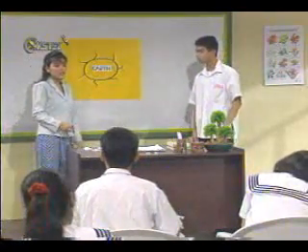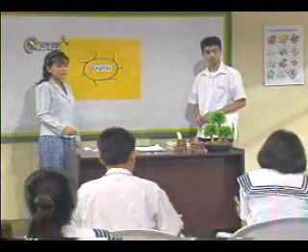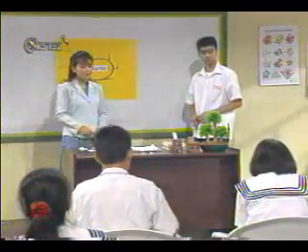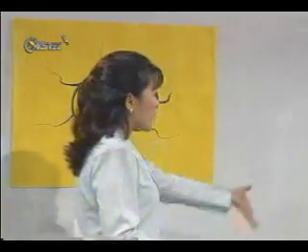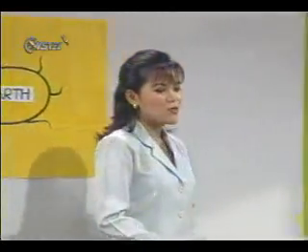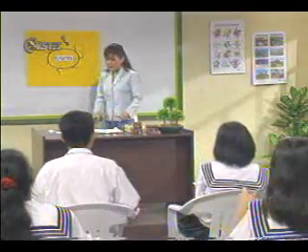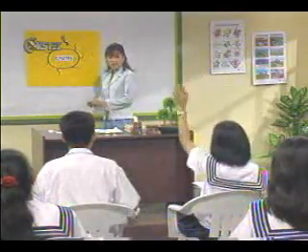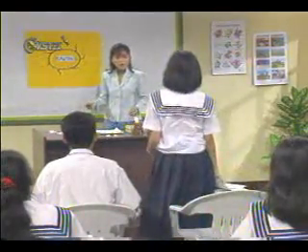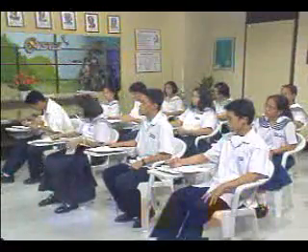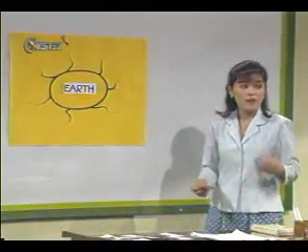Has everybody finished writing down the word earth in the circle? Yes, ma'am. Okay, thank you, Pedro. You may now sit down. Class, what you are to do this time is to write down as many words as possible describing the earth here on the lines of the web. Like, for instance, yes, Fanny. Any words, ma'am? Yes, you can write down as many words as you can that you can associate with the planet Earth.